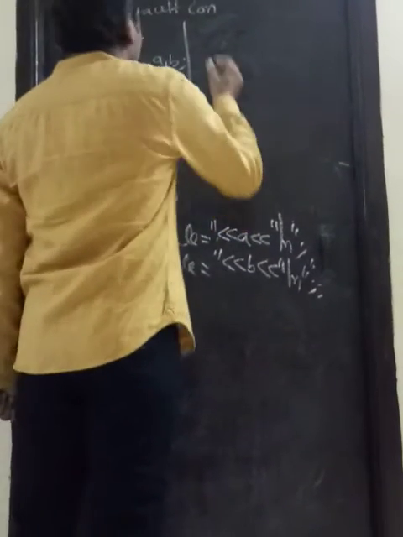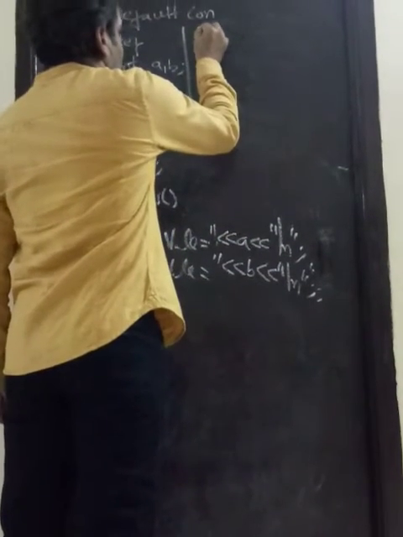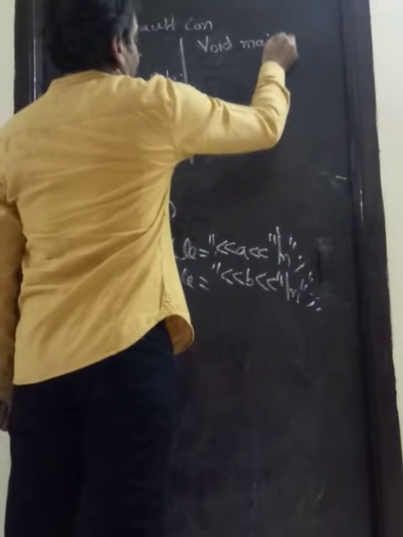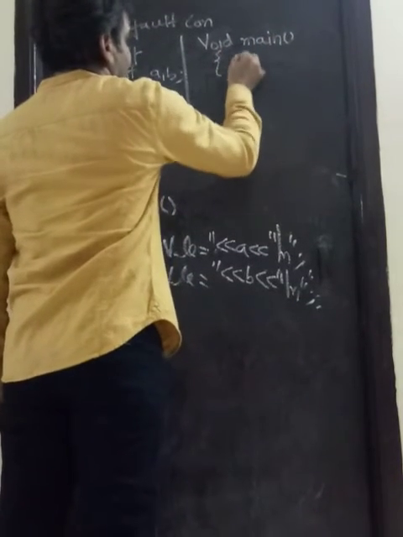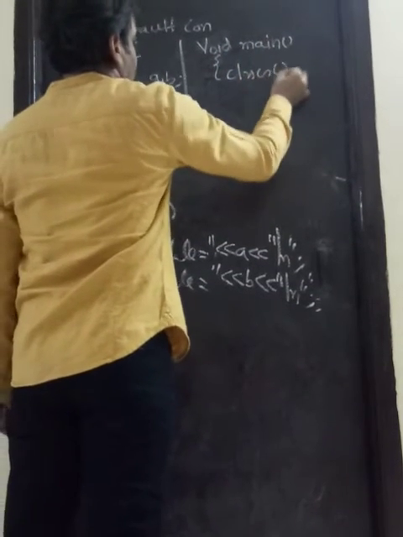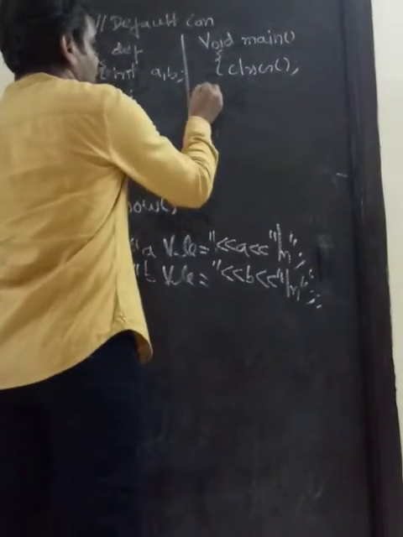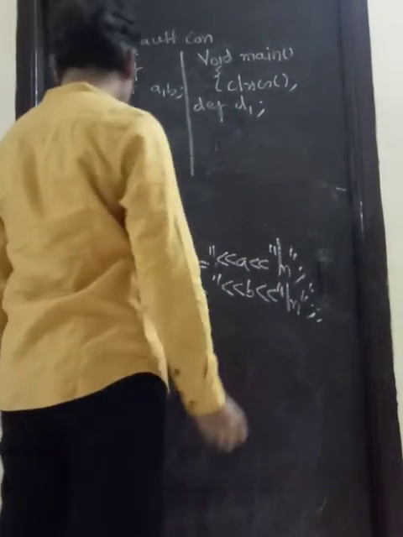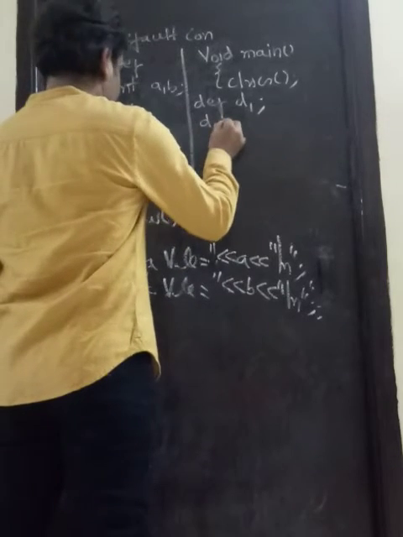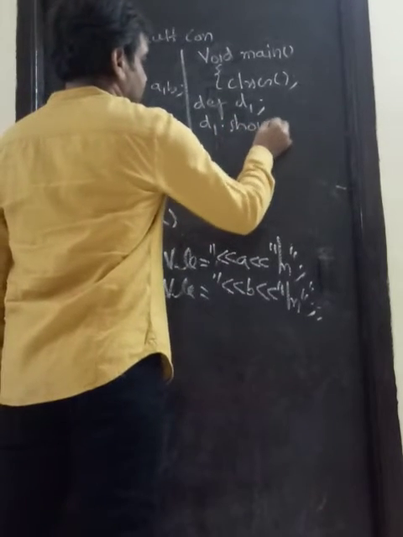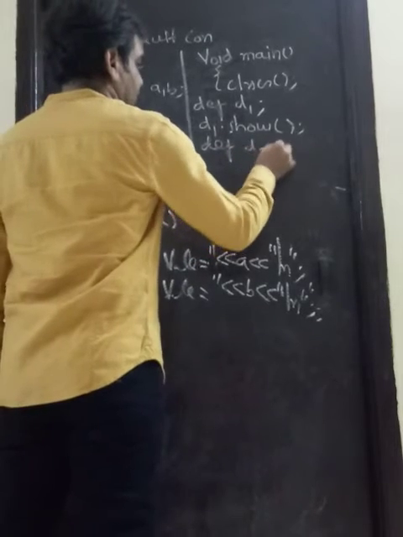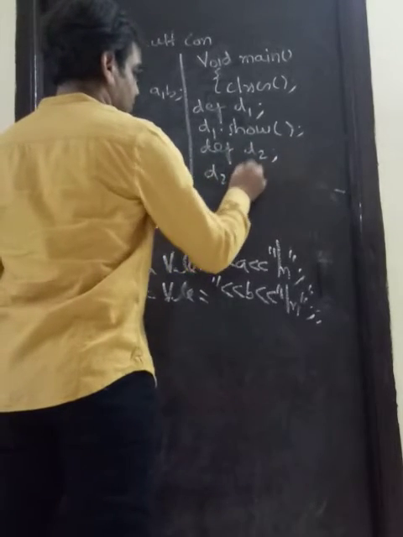In void main, first of all, def d1, so the d1 object I am creating. With d1 I am displaying d1 dot show, then d2 dot show.